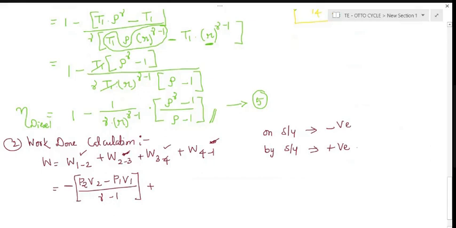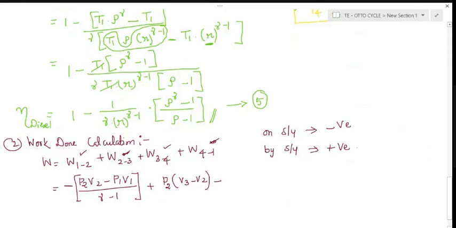The process is a constant pressure process, so the work done is P into V3 minus V2. Since P2 equals P3, you can use either P2 or P3, no problem. For simplification you can consider P2.